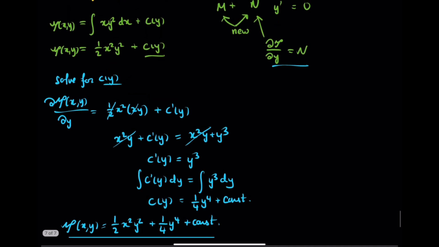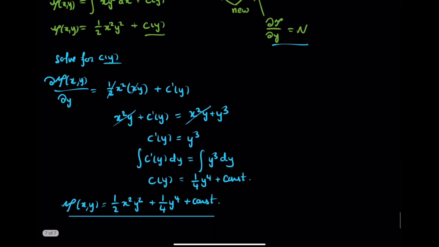So again, all we did this time was work backwards, right? In past videos we were talking about how to solve a first order differential equation, where we were given the differential equation and we were trying to find the solution. This time we did the opposite. We worked backwards. And that's it for this video.